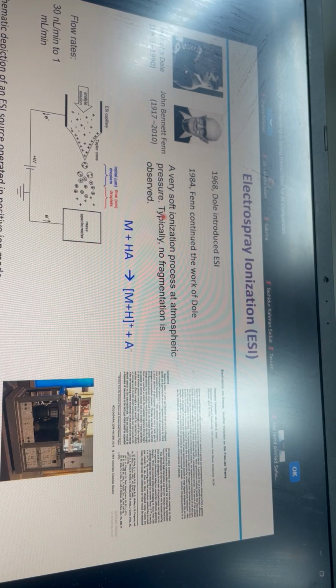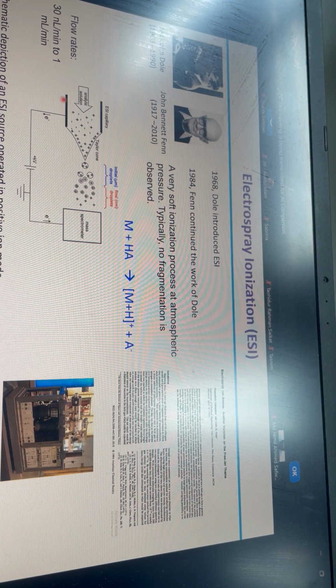He dissolved the analyte in organic solvent, and he had a stainless steel capillary, and he applied the voltage on the capillary. There is no electron here. He didn't use any electron because he knew that using electrons might cause some fragmentation.